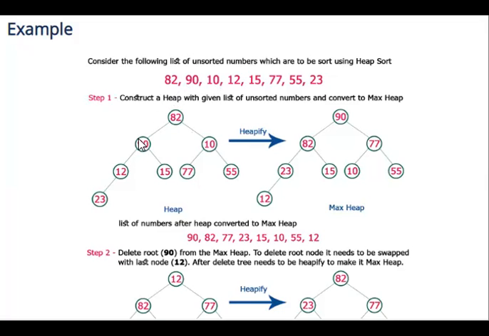Under the 90 we keep the left subtree and right subtree of each and every child node. So 12 and 15 can be considered here. In the right subtree, 77 and 55 are considered here.